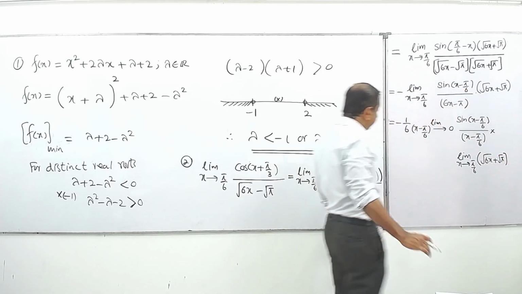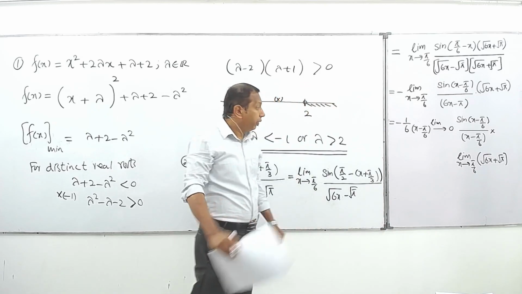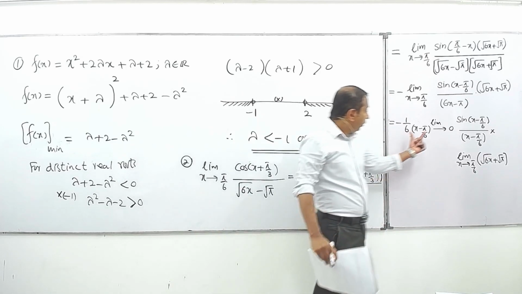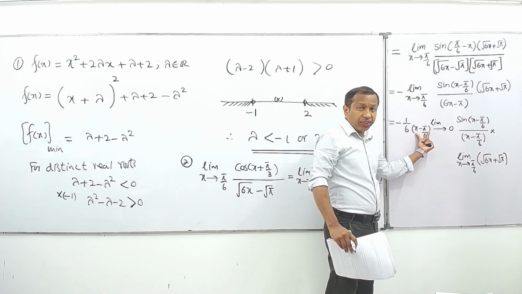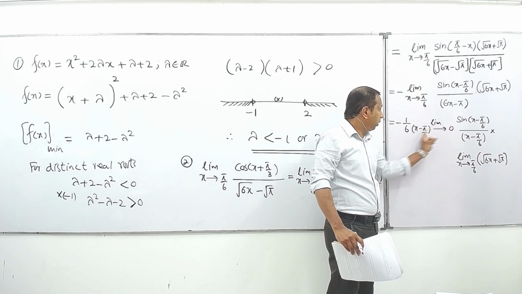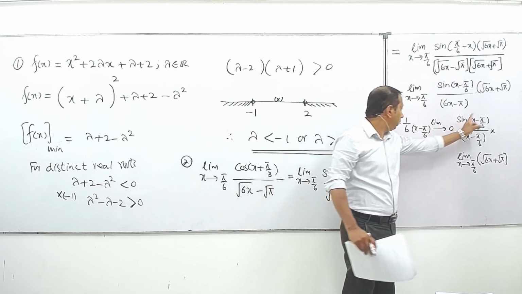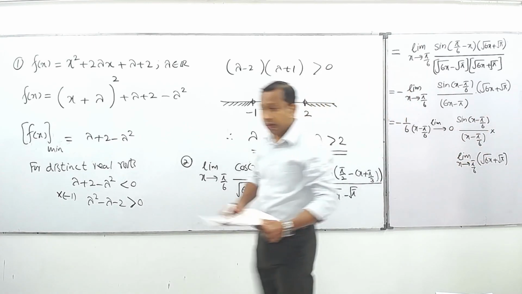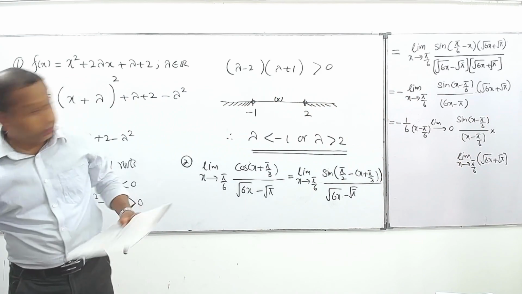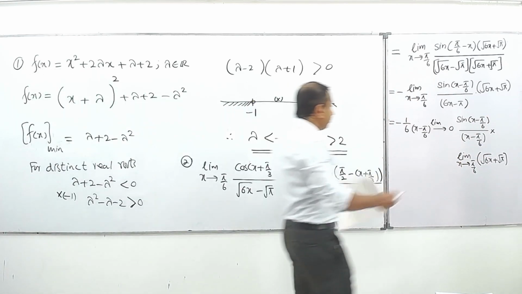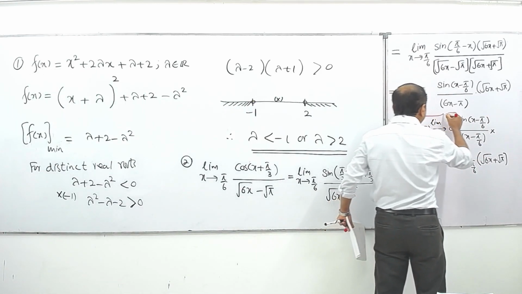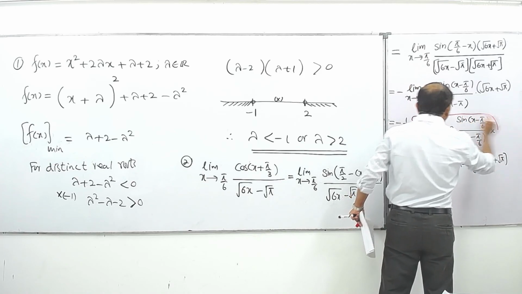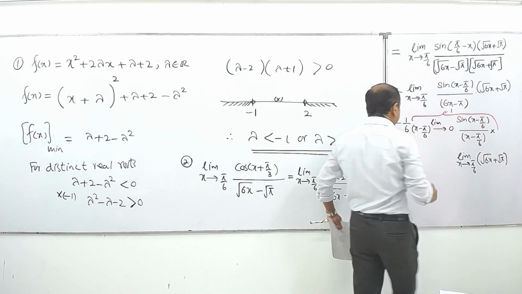Okay. Now it's okay, no? You can see here this x minus pi by 6, if we take as theta, limit theta going to 0, sine theta divided by theta, then this whole thing should go to 1, right? Should go to 1. So it means this thing equal to 1.